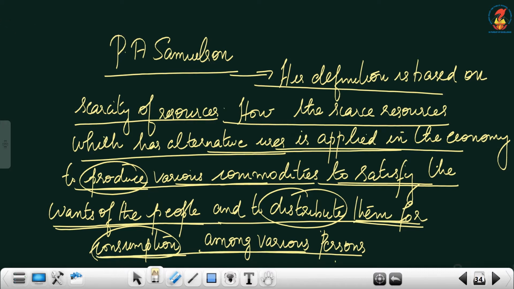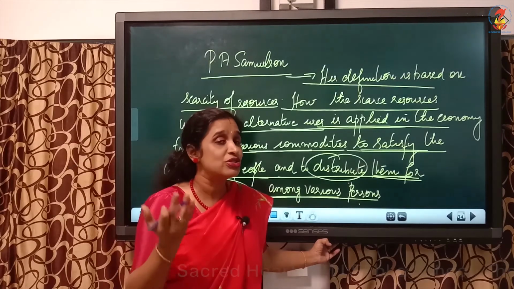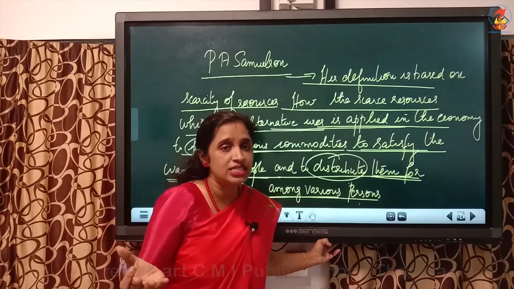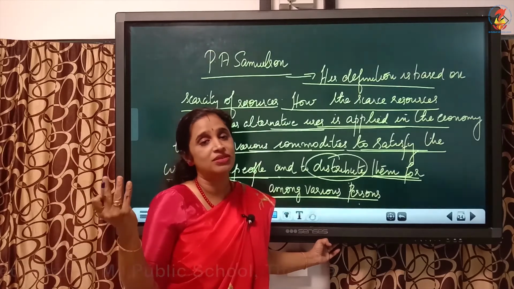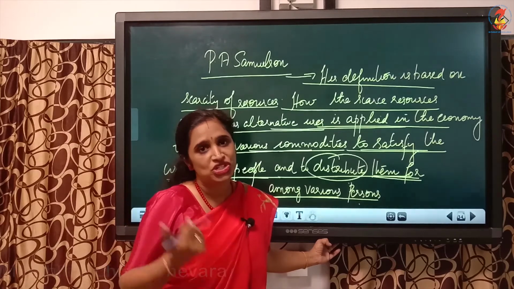So, which are the three economic activities that have to take place in an economy? Production, consumption, distribution. If there is no production, there is no consumption. Produced goods have to be distributed. If these three economic activities are not there, income will not be generated, because the main point that we stress is generation of income.